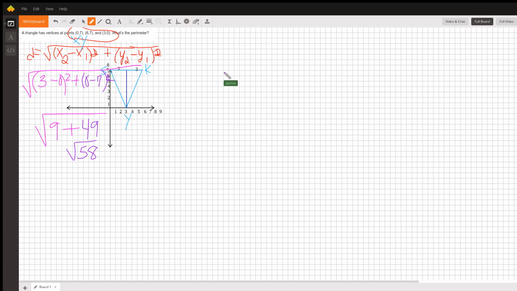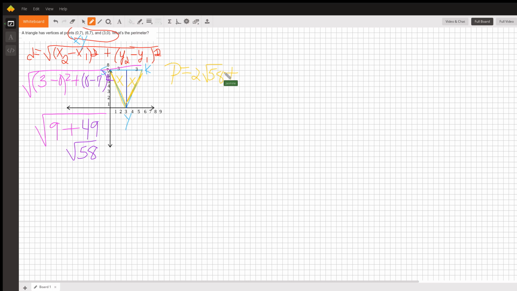Now, that square root of 58 tells us that the distance between these 2 points, which I just marked in yellow, is the square root of 58. So we'll label that x. Now, to find the perimeter, we take all 3 sides of the triangle. We have 2 sides which are the same, so 2 of those, which are square root of 58.